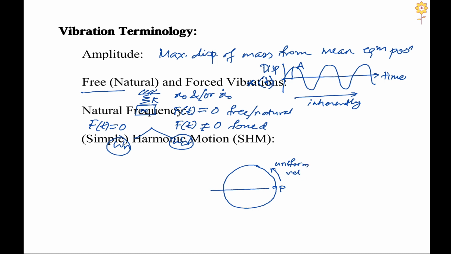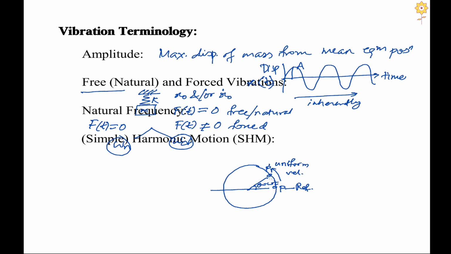After some time, P takes a new position, say P dash. So this is the angle covered. I am taking the reference axis as this x axis. So theta is equal to omega t.